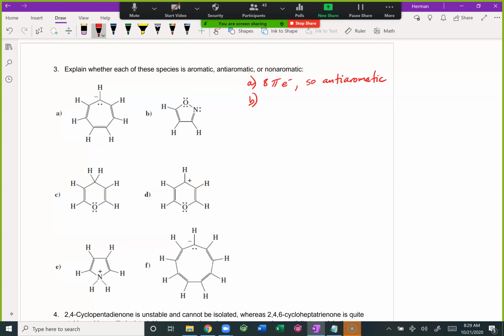Hint: if the electrons are on a double bond, they're stuck. Second hint: one of the electron pairs in the oxygen is perpendicular, so it doesn't count. It's not aligned with the pi system.